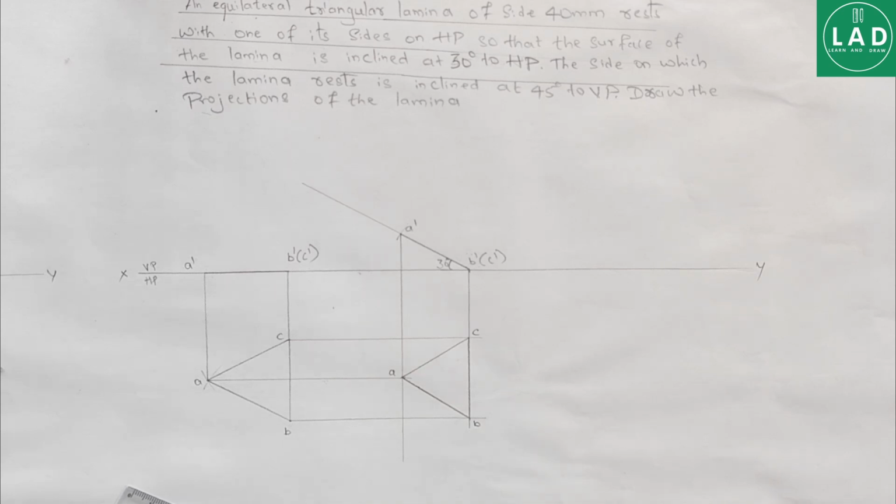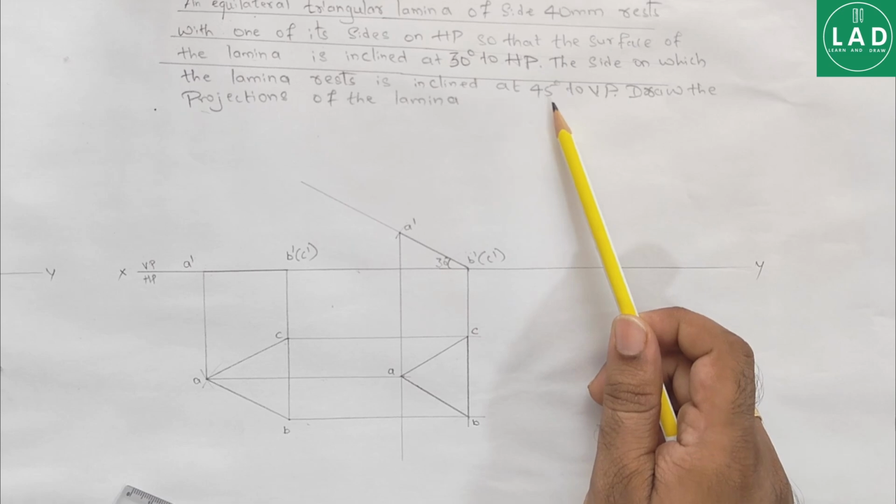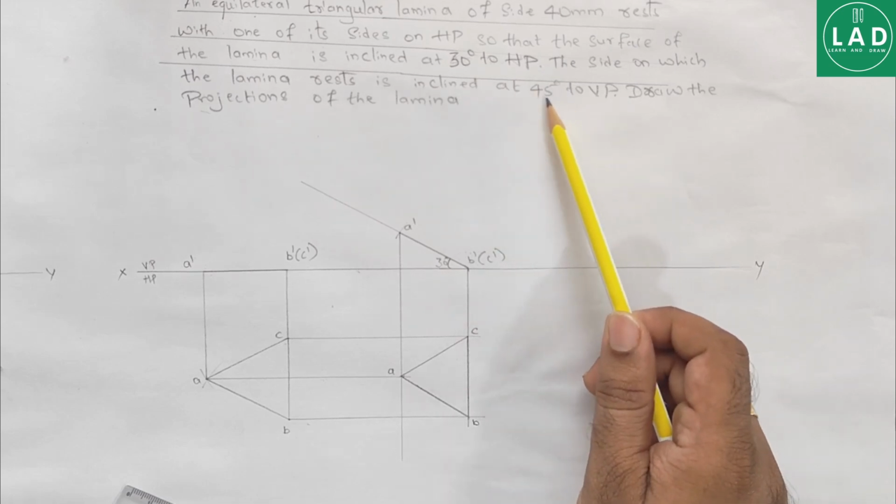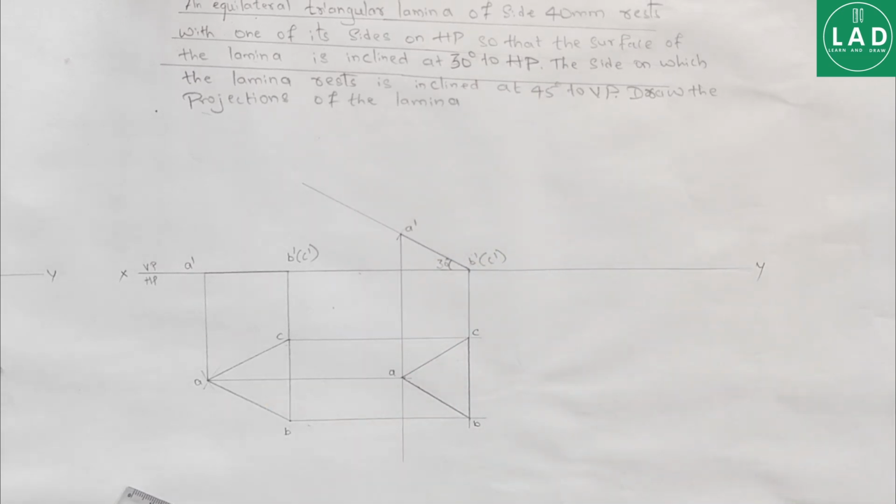So next step, let's continue reading the problem. The side on which the lamina rests is inclined at 45 degree to VP. So the side on which it is resting is the side BC. So on the side BC, we have to draw a line which is inclined at 45 degree to VP.